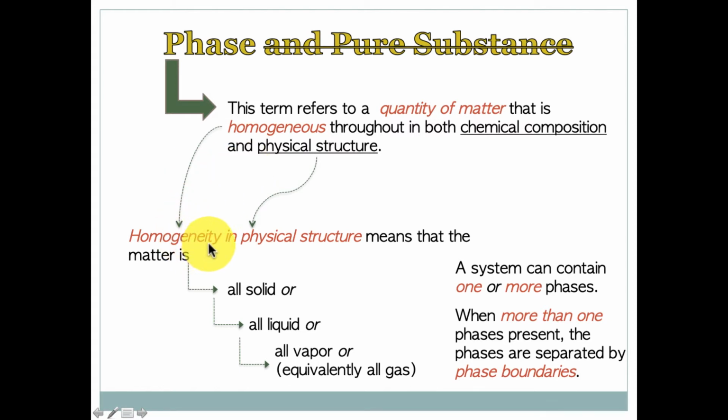The homogeneity in physical structure means that the matter is all solid, or all liquid, or all vapor, or equivalently all gas. A system can contain one or more phases. When more than one phase is present, the phases are separated by phase boundaries.